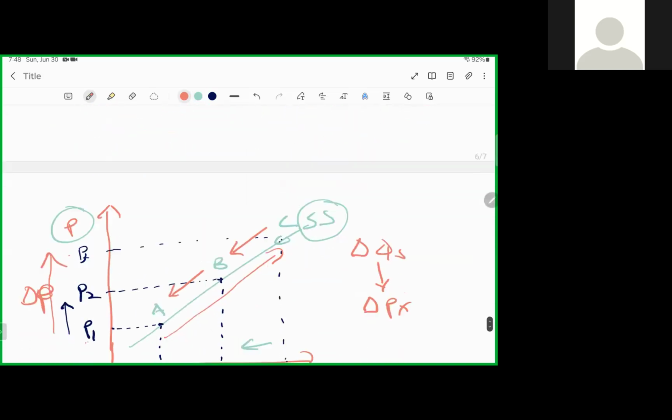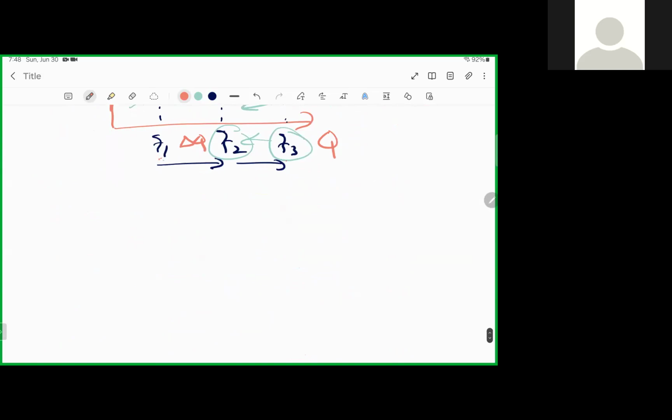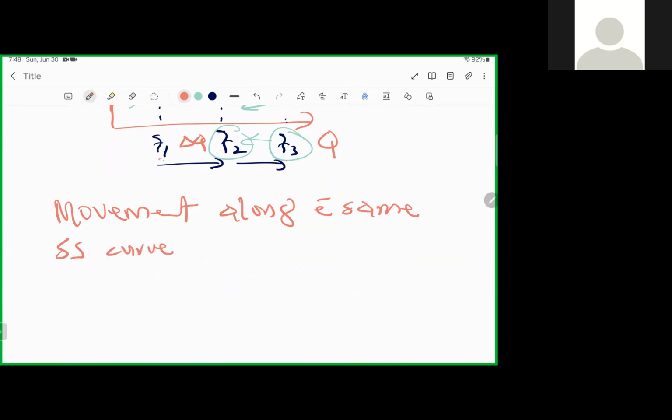And for a change in quantity supplied, similar to demand, we are looking at movement along the same supply curve.